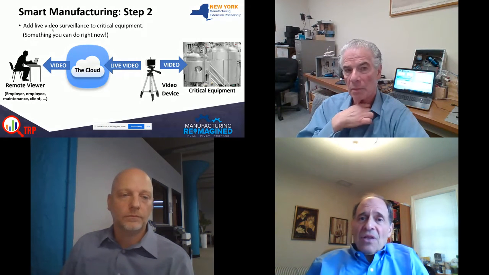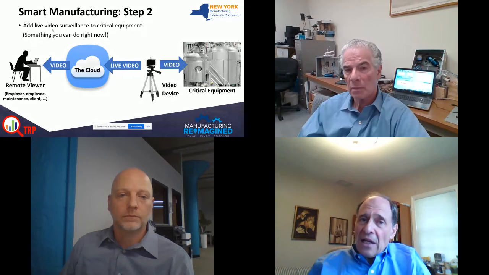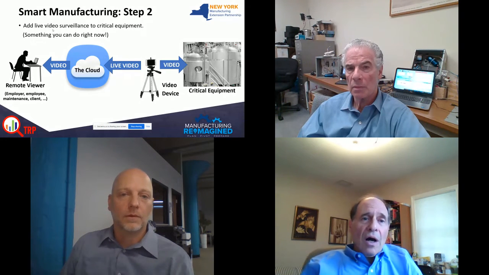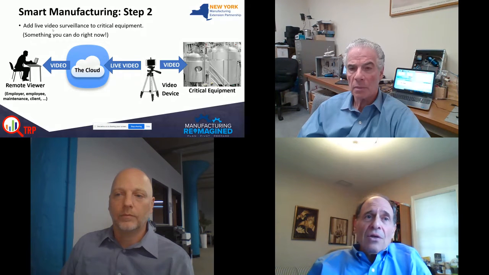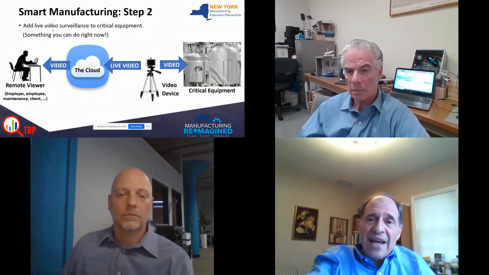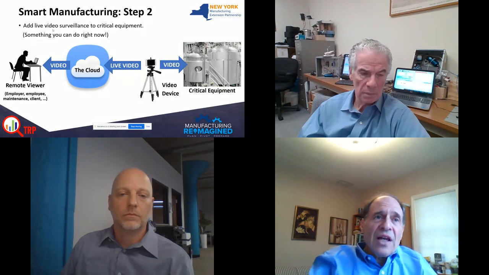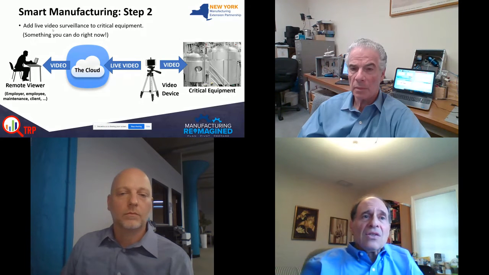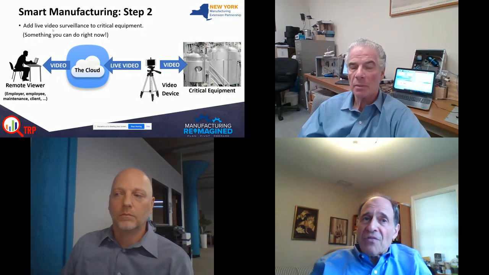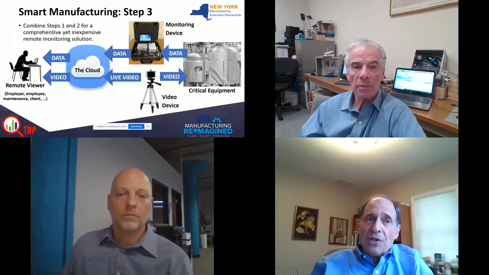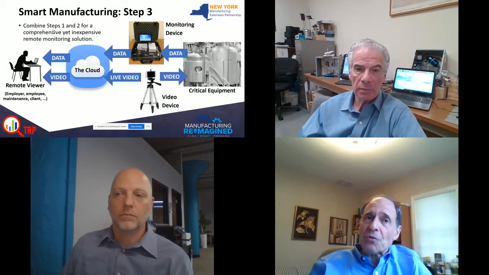Okay, and so the key thing is combining both step 1 and step 2. So in this slide, by putting it all together, real-time factory data on the top, sent via the monitoring device to the cloud to a remote viewer, is one stream of information, and the live video of the manufacturing site also gets sent to the cloud.